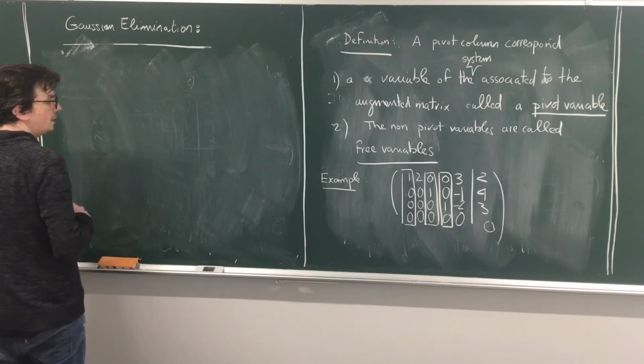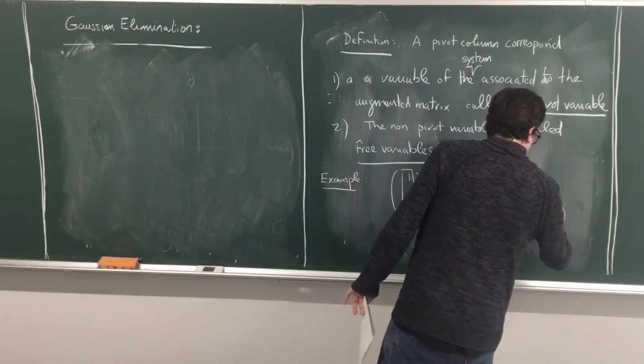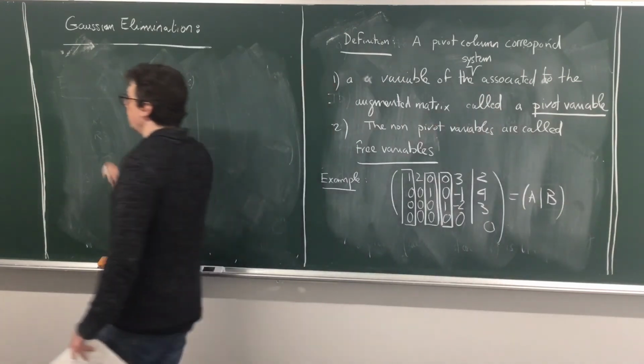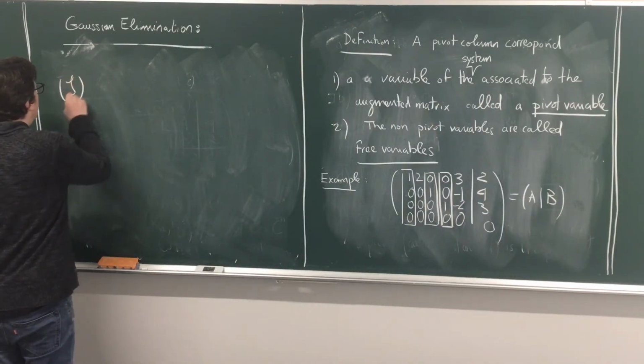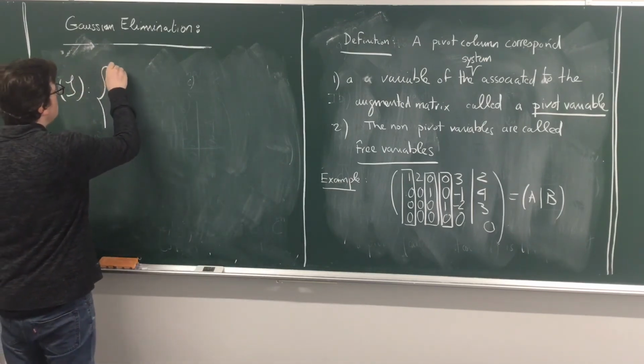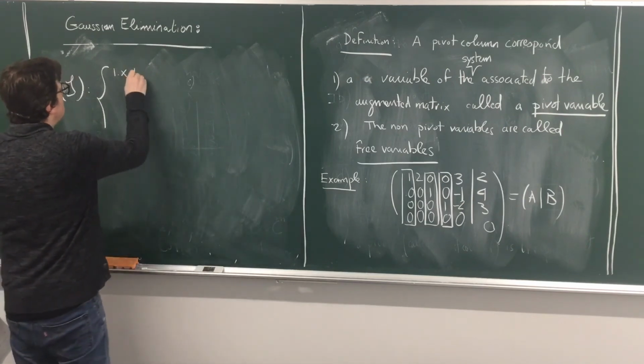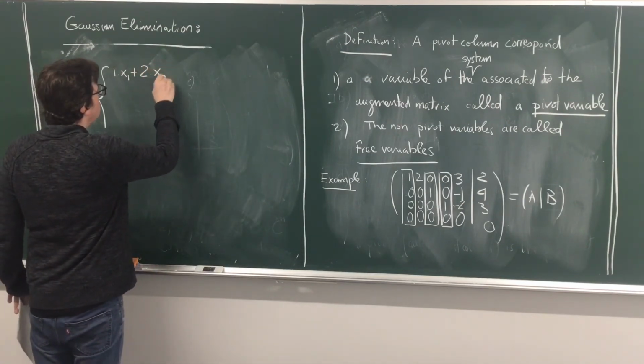Now, this augmented matrix, let's say A, B, corresponds to the following system. So, first coefficient is 1 times x1 plus 2 times x2.